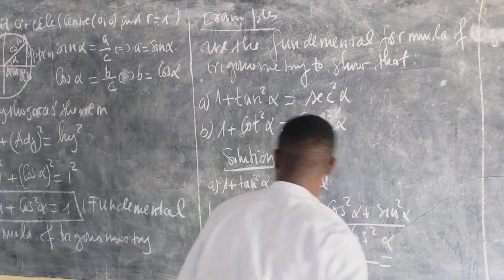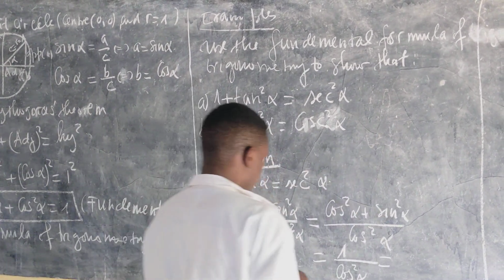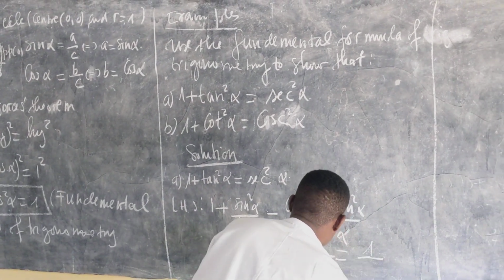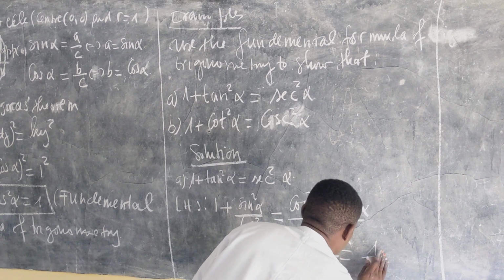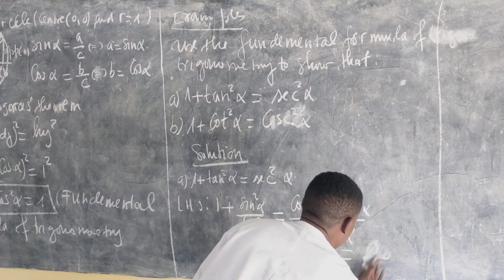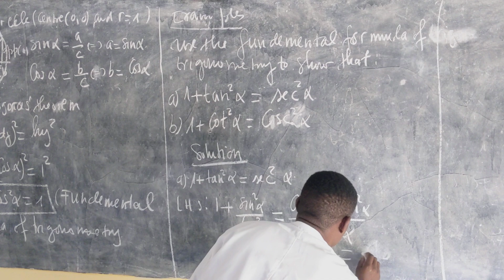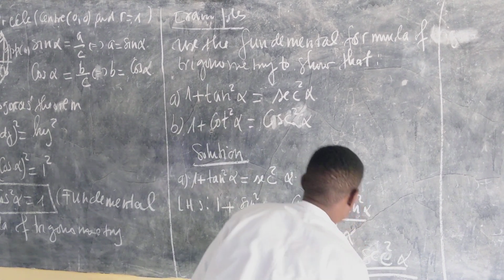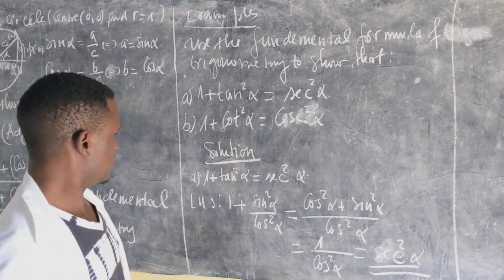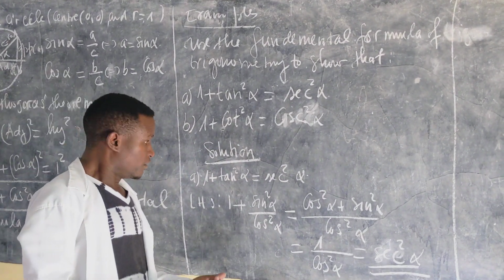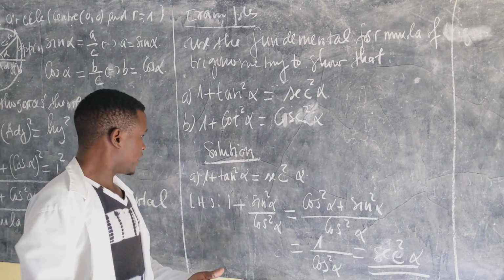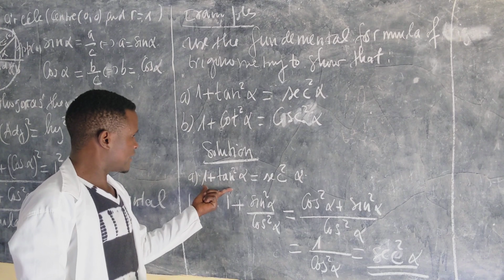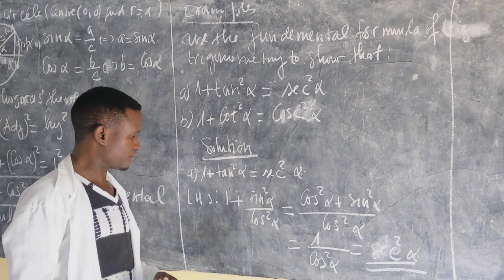Hence, this will be equal to 1 over cos square, and then finally it will be equal to sec square of alpha. I think this is proved, and everyone can see how 1 plus tan square is equal to sec square.